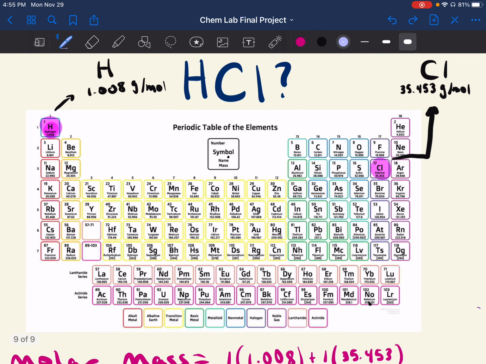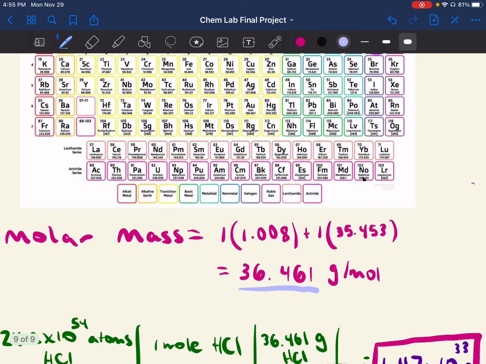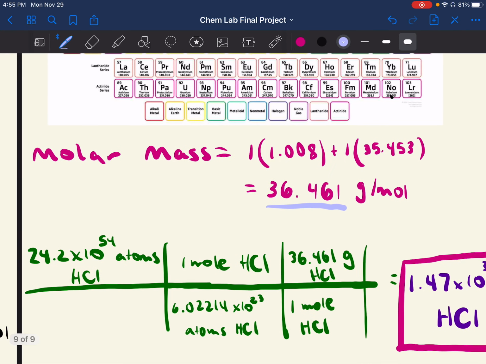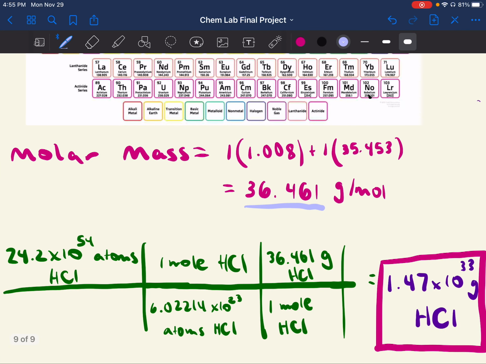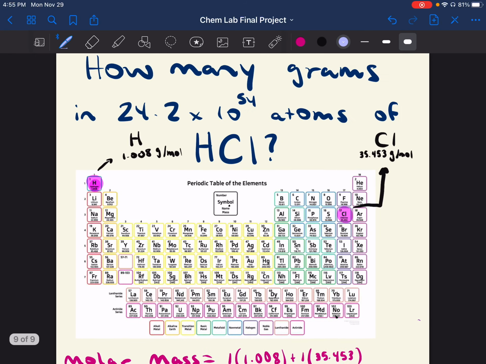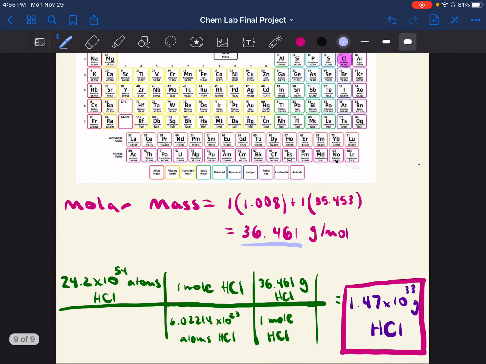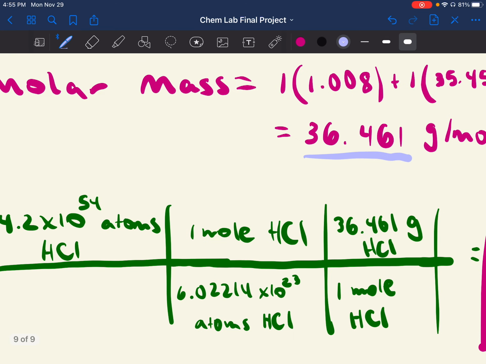We'll add them together, get 36.461 grams per mole. Take our initial number of atoms, 24.2. Here you go. And from there, you use Avogadro's number. That's equal to 1 mole.